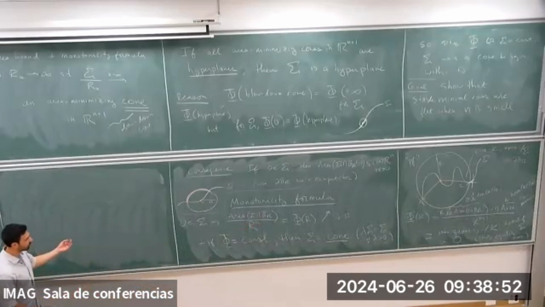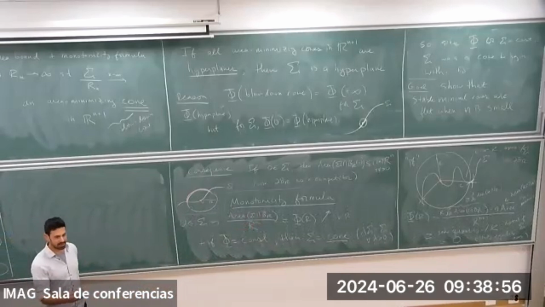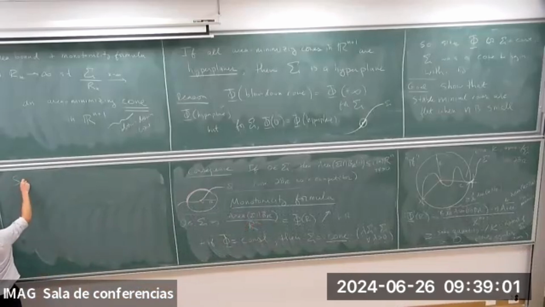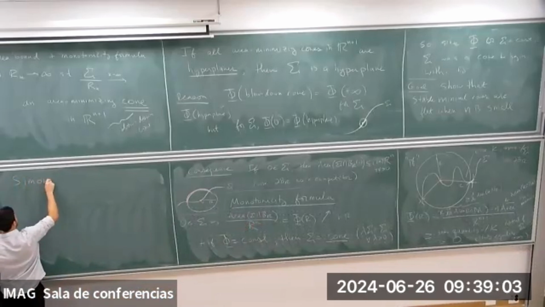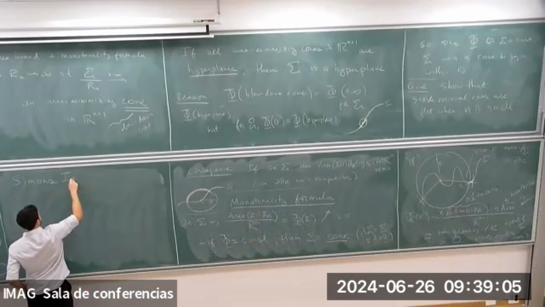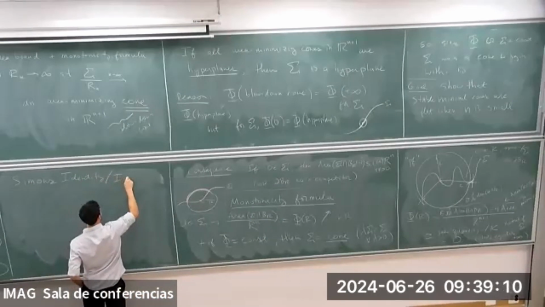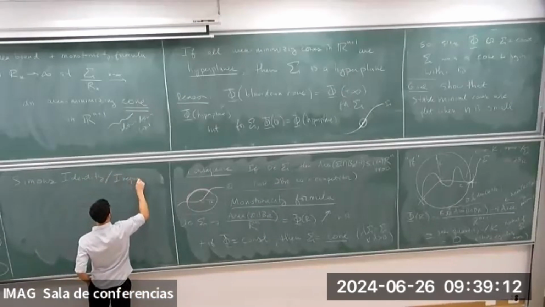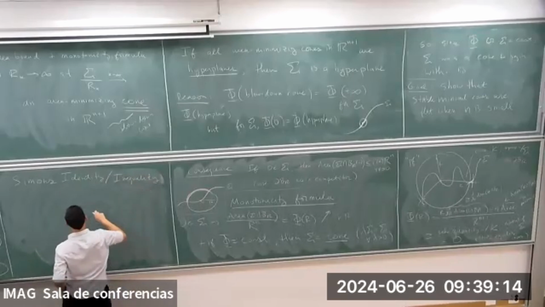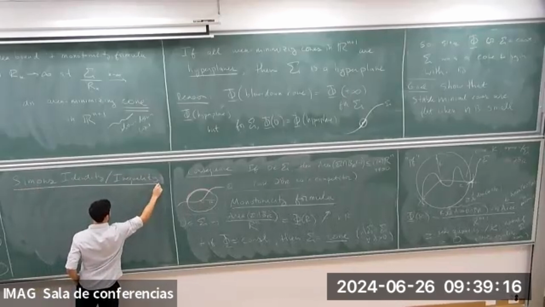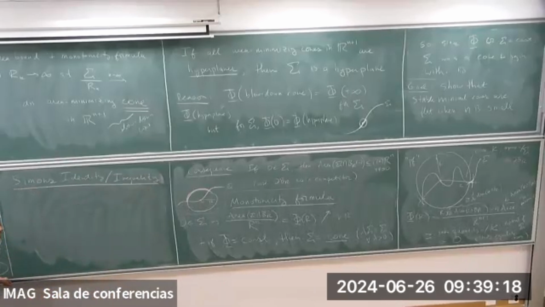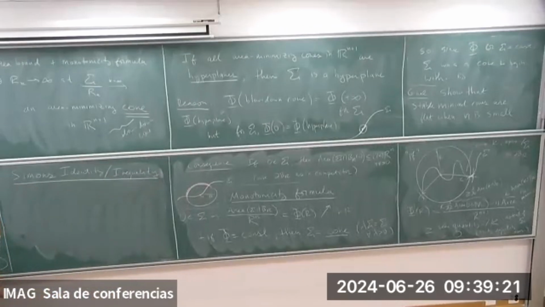He showed that if you look at the curvature of the minimal surface and you apply the Jacobi operator to it, then you get a favorable sign. This is the key thing called Simons identity. So it says the following.